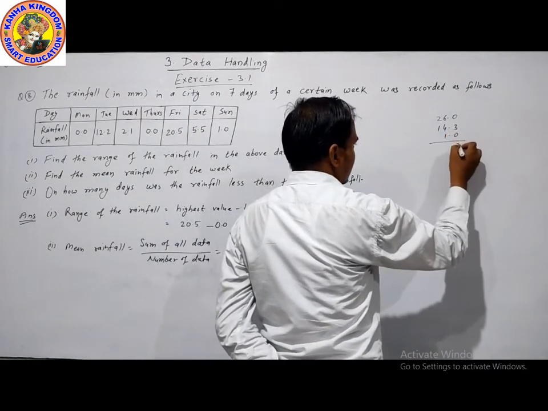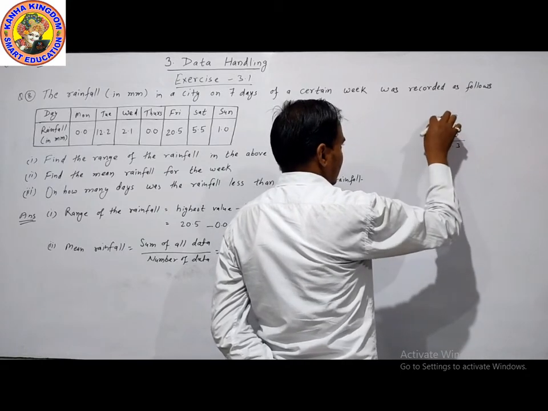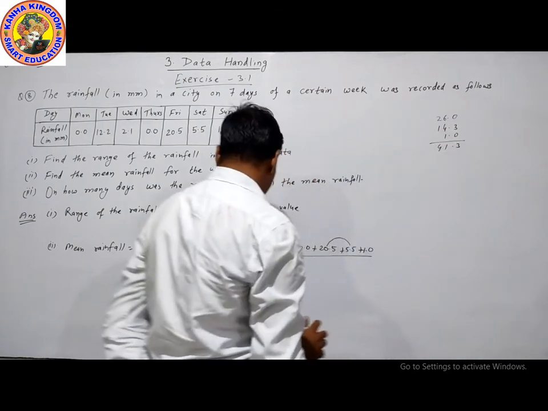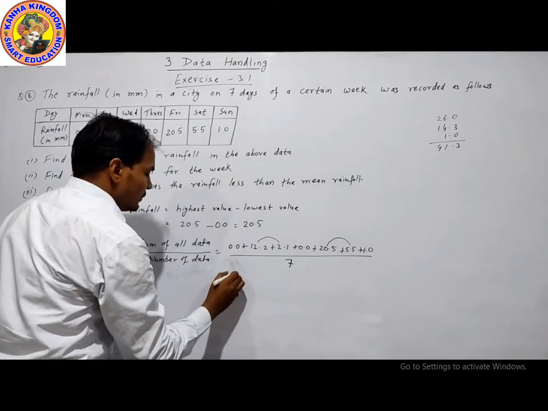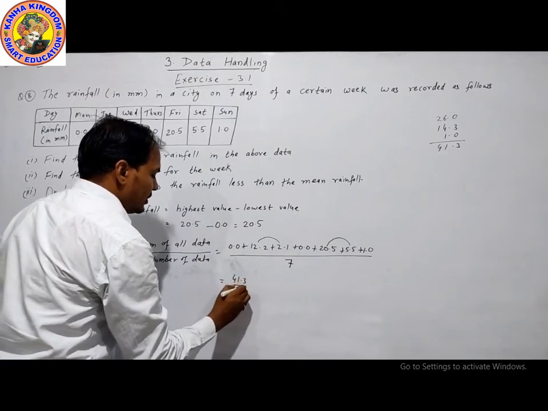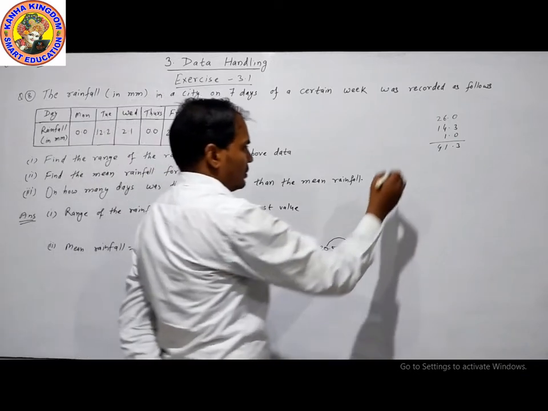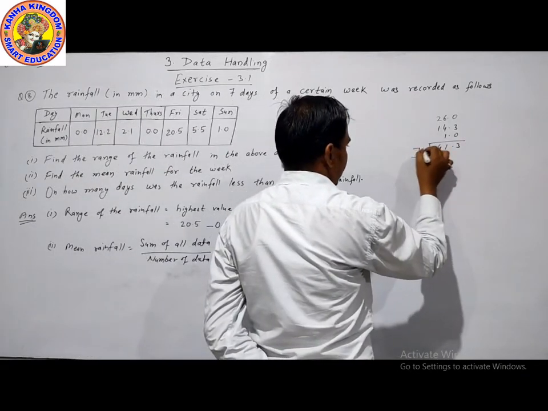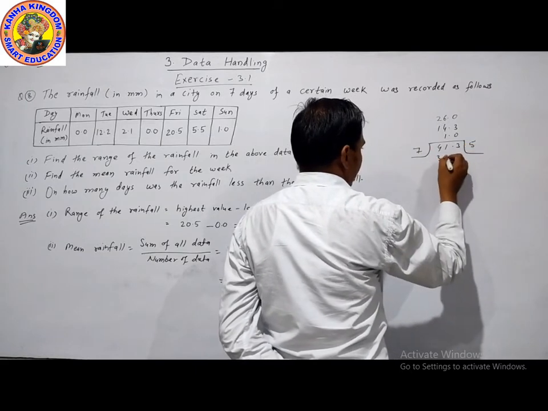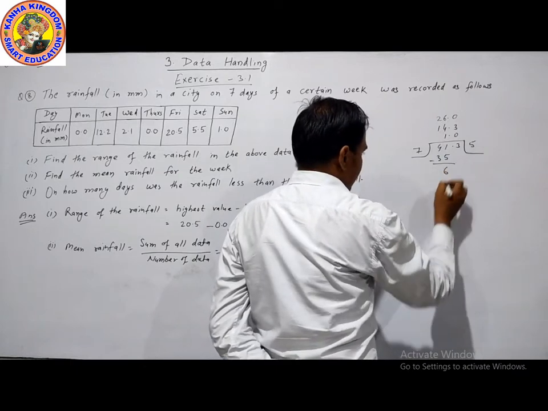So the total is 41.3, divided by 7. 5 times 7 is 35, minus 6.